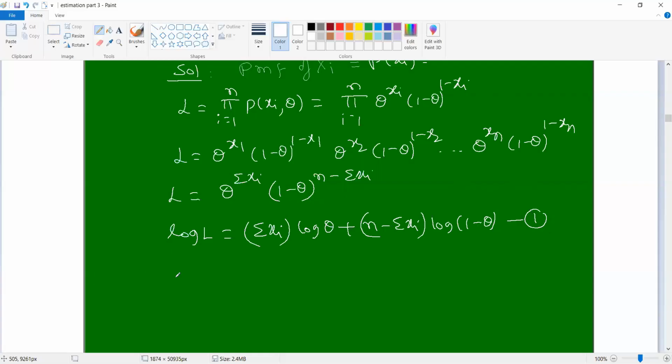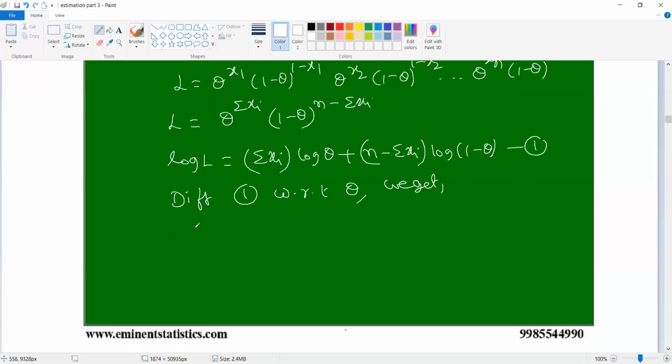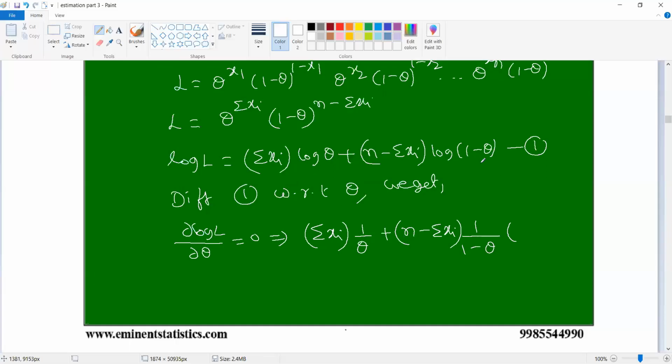To get the MLE of theta, differentiate 1 with respect to theta, we get dou log L by dou theta is equal to 0 implies summation xi, differentiation of log theta is 1 by theta, plus n minus summation xi constant, differentiation of log 1 minus theta is 1 by 1 minus theta, again differentiation of the bracket function 1 minus theta is minus 1, equal to 0.